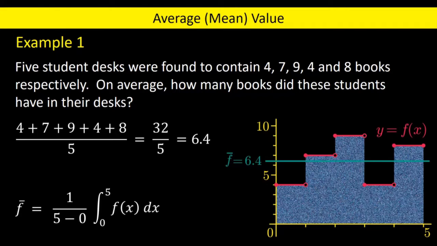Now, according to our formula, to get the average value of the function, you integrate. That's the area, which you get by taking a Riemann sum with n equals 5 subintervals, and that'll give the exact value for the area. And then you divide by 5 minus 0, and I think you get the same answer, 6.4.